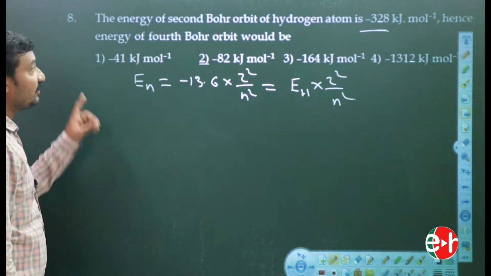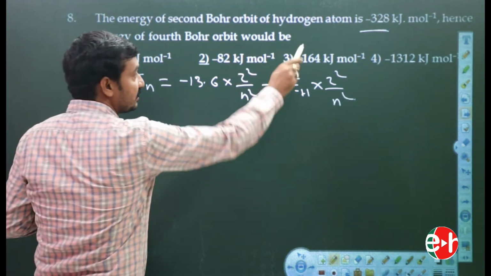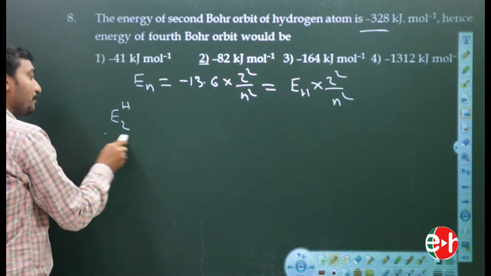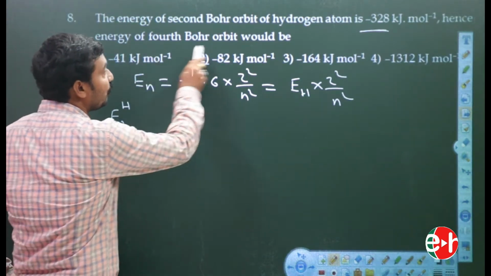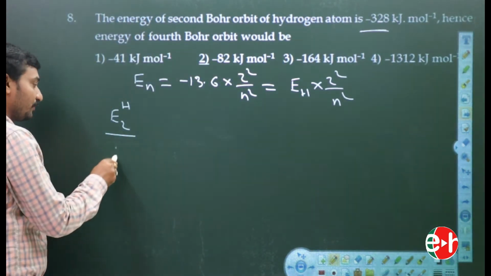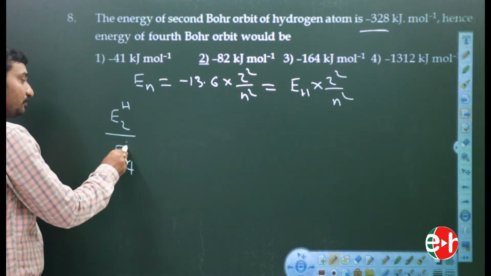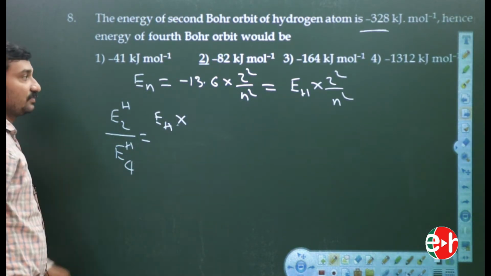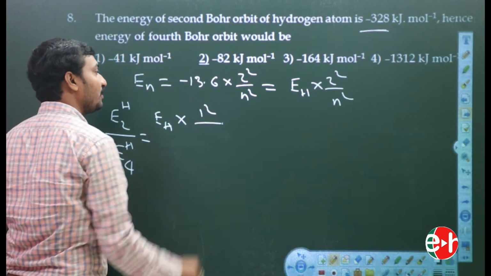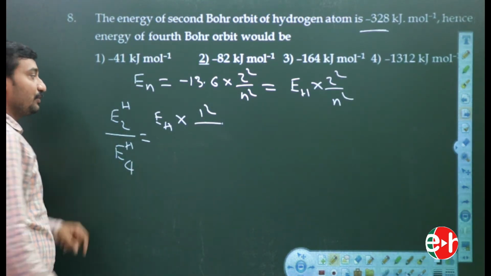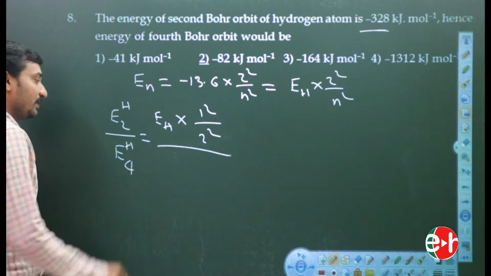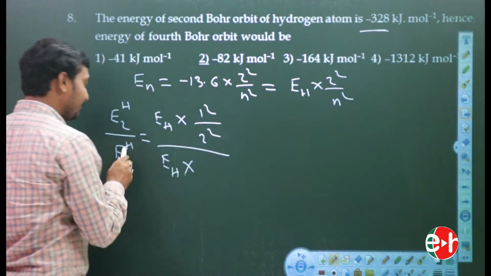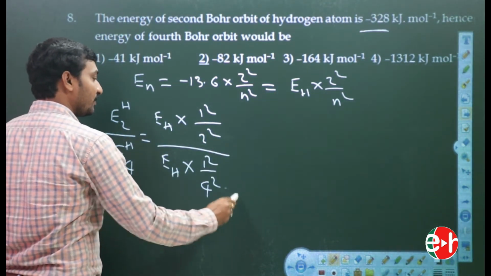Here it is given the second orbit of hydrogen atom, E2 of H. Now what we have to find is the fourth Bohr orbit. So you can take the ratio E2 by E4 of H, which is equal to EH into Z value 1, so 1 square by N value 2, so 2 square, divided by EH into N value 4, Z value 1 square by 4 square.